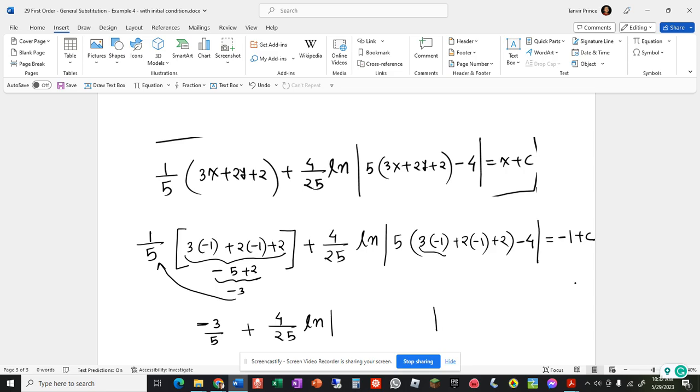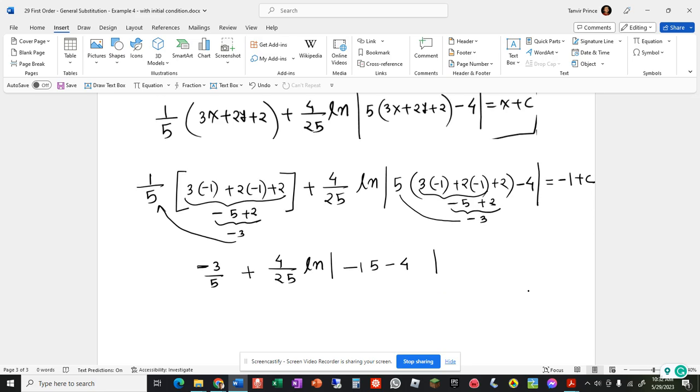So this will be -5 plus 2. So that will be -3. And when I multiply with 5, that's -15, -4. Equal to -1 plus c.